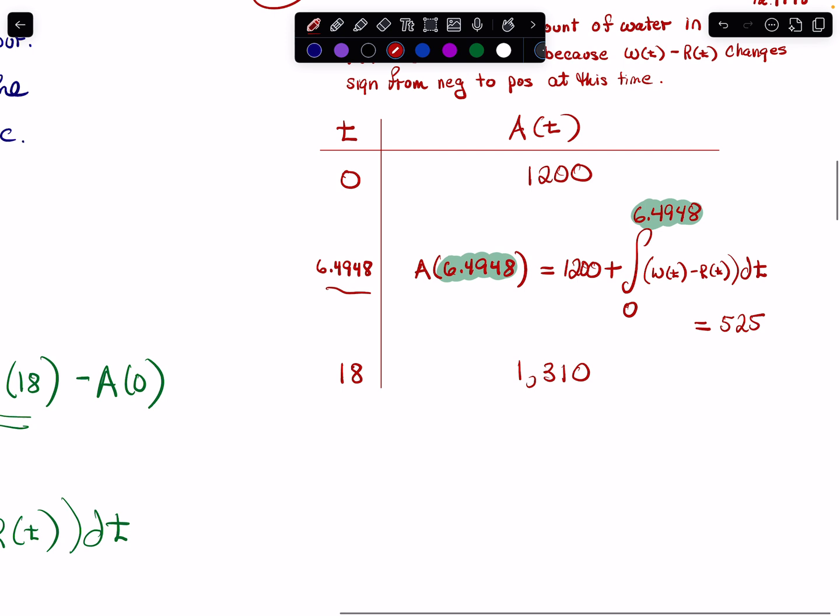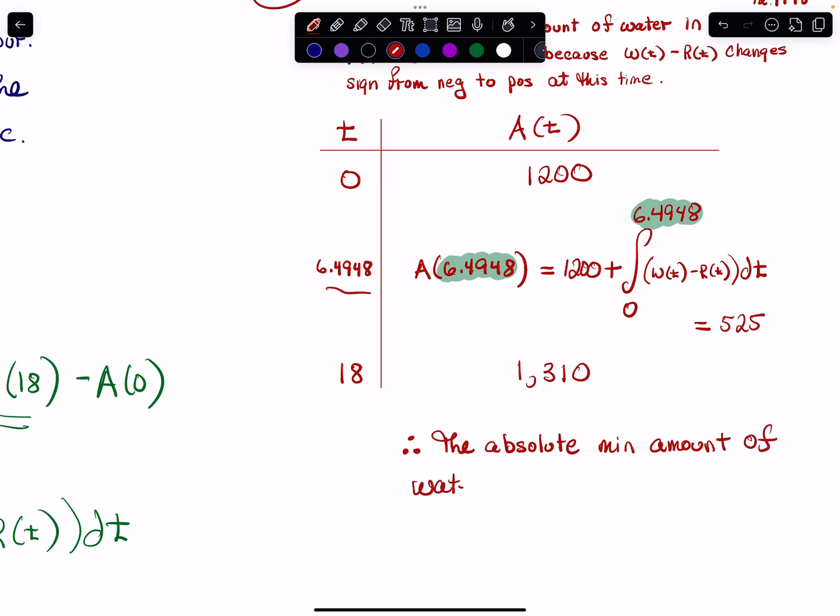So I'm going to say, therefore, the absolute min amount of water in the tank on the time interval, because remember, when you look for those absolute mins or maxes, you're always looking for them on a closed interval.